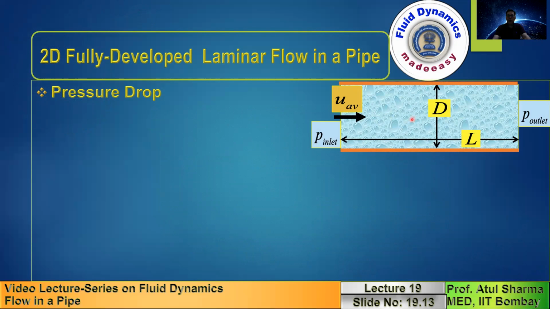So this is a pipe of diameter d, and we are considering that the flow is fully developed along the length of the pipe. So we are taking a section of the pipe corresponding to the fully developed flow. Pressure at the inlet is shown here as P inlet. This is the pressure at the outlet.